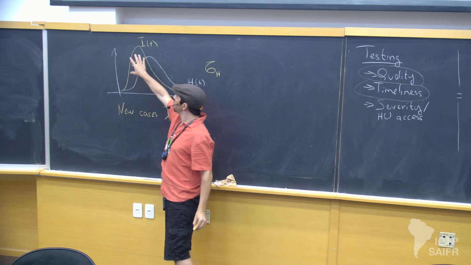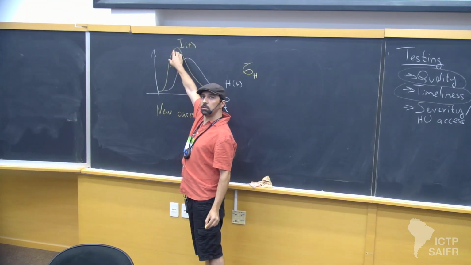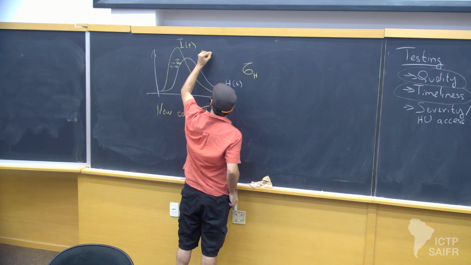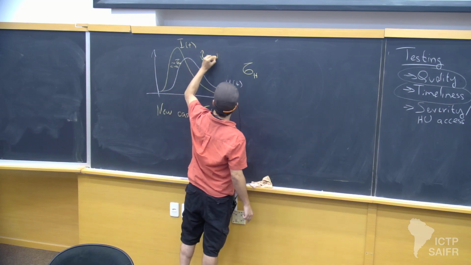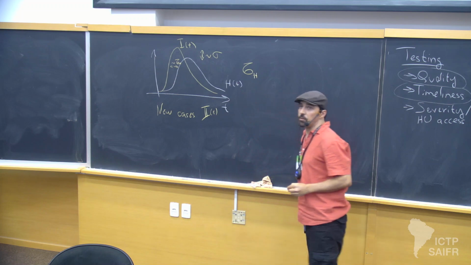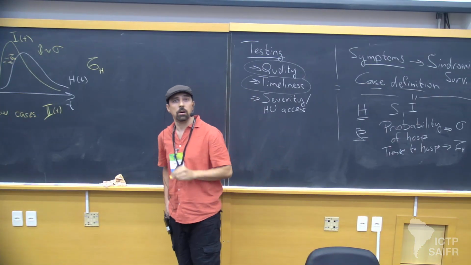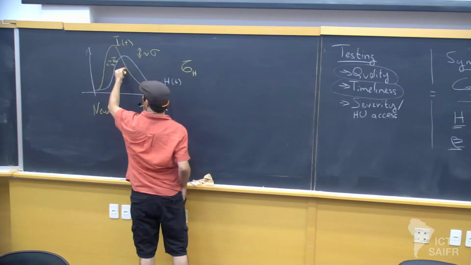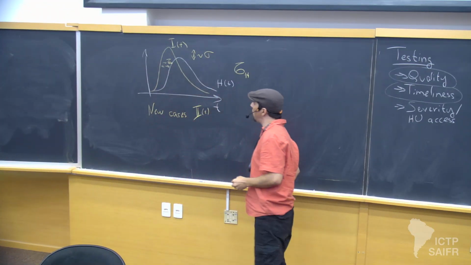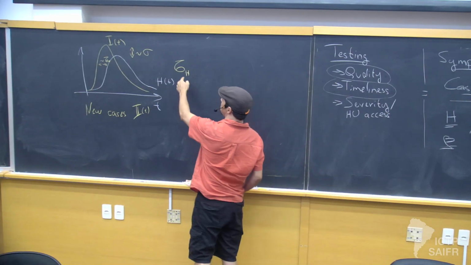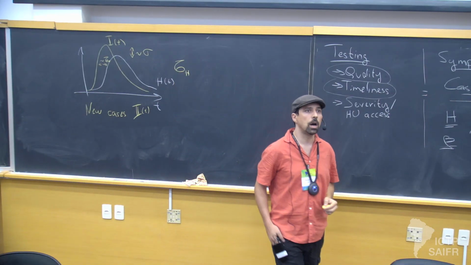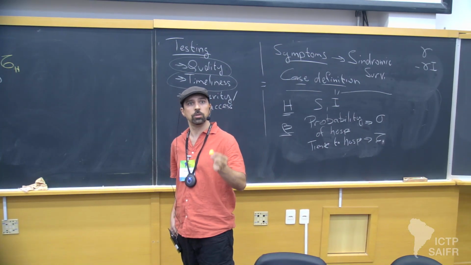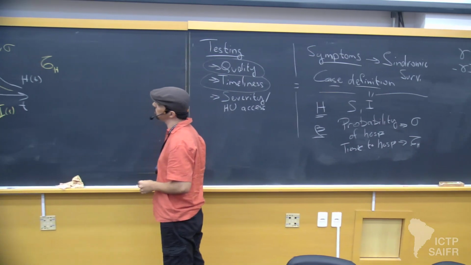I'll have a difference in scale that is associated with the severity, the probability of becoming hospitalized. And also, I will have a displacement in time that is associated to the characteristic time between case evolution to severity to hospitalization.